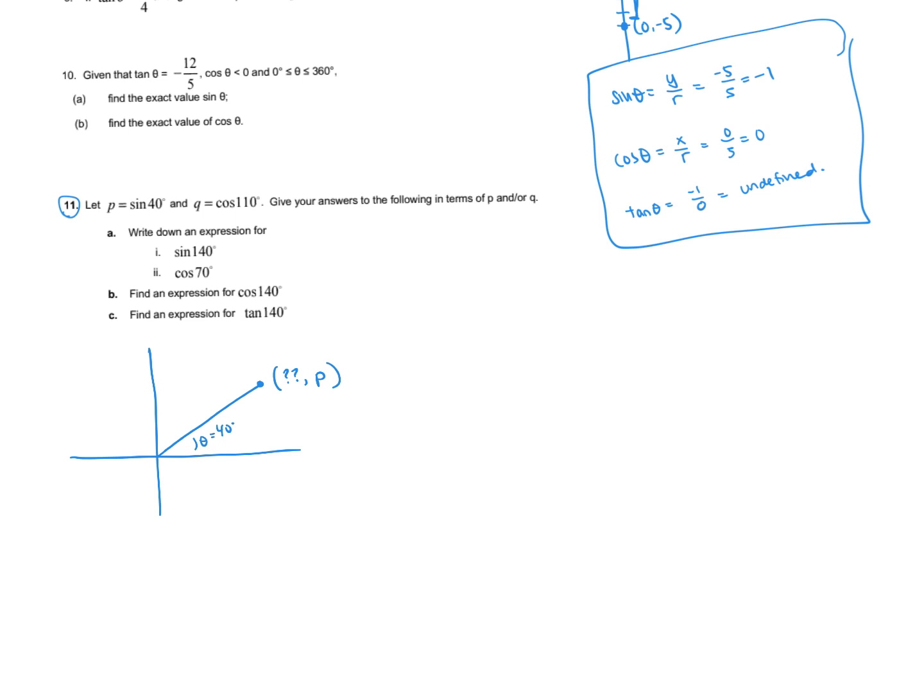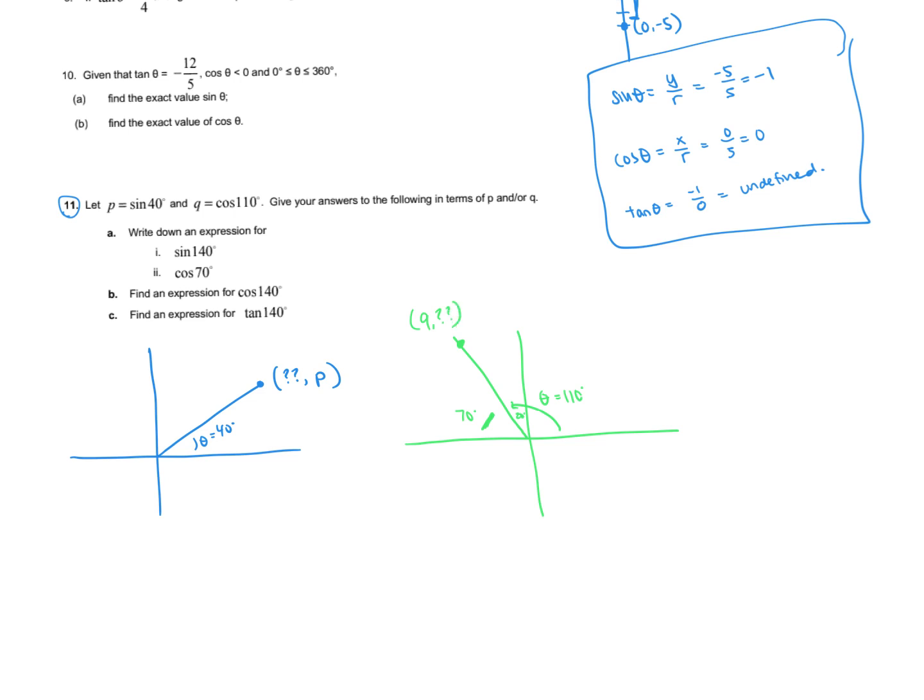Then we also know that at 110, so that's 90 plus 20, theta is 110. This part right here would be 70 degrees, right? And this is like 20 degrees, okay? So over here, cosine, the x value is Q. We don't know the y value.